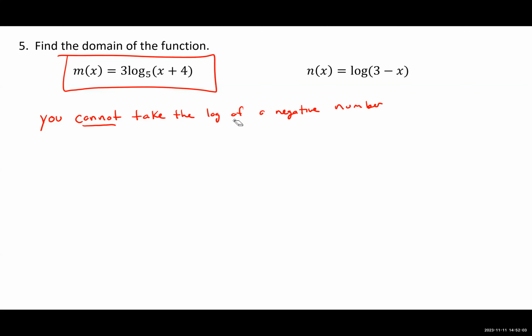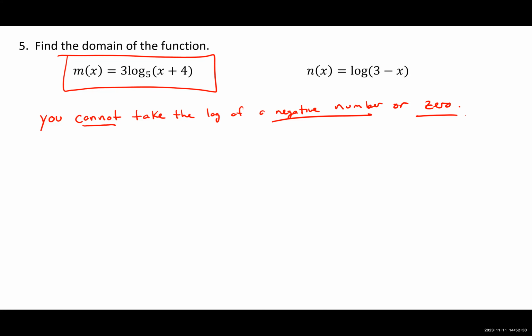Actually, we could state this in a stronger way. You cannot take the log of a negative number, or 0. So no negative numbers, no zeros as the argument of a log.